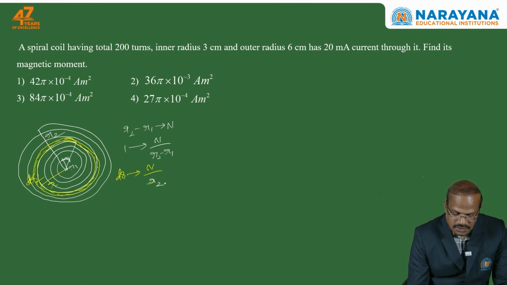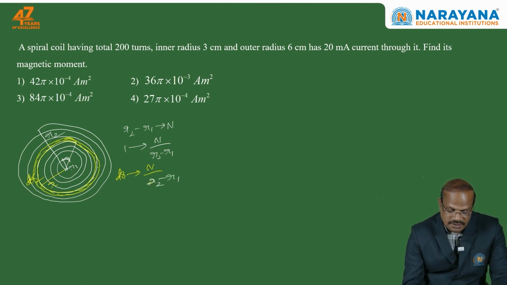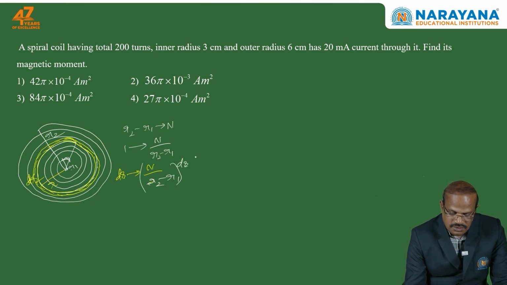In this width dr, number of turns is N by R2 minus R1 into dr. So these are the number of turns in this circular strip. So we can take this as a coil having n number of turns, where n is N by R2 minus R1 into dr.